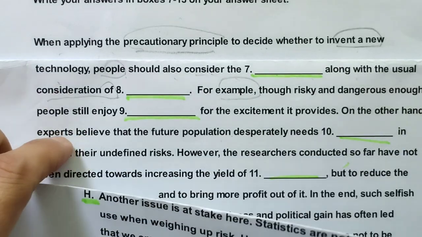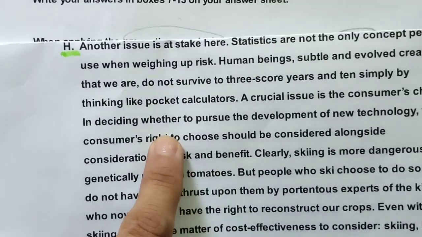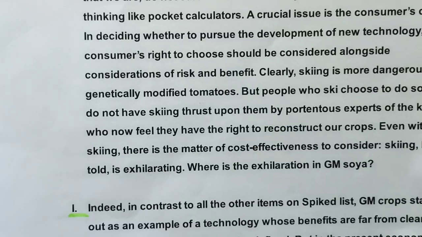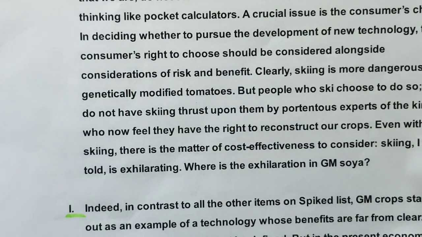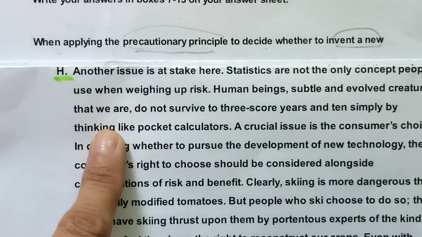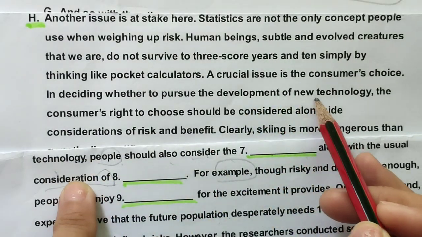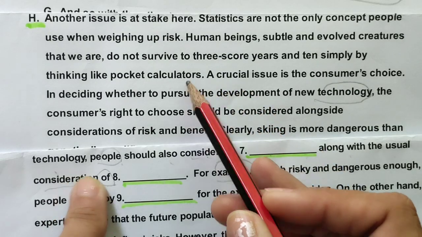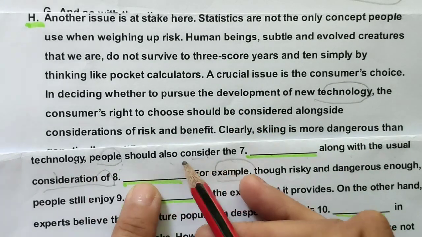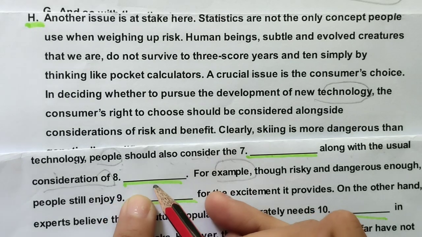So we have finished till G paragraph. Now we will start reading from H paragraph. We still have four more paragraphs. So we will start looking from here, and I will show you the location. Here they are talking about technology. See this: "people should also consider the dash along with the usual consideration of."